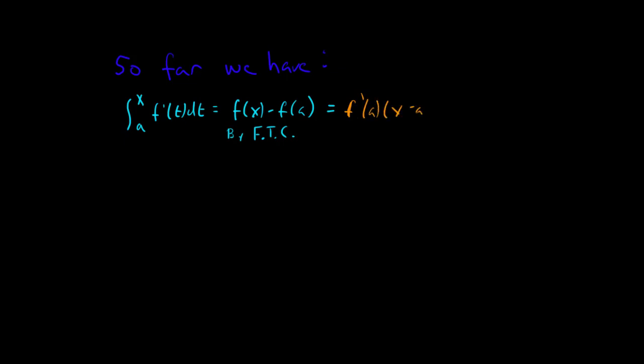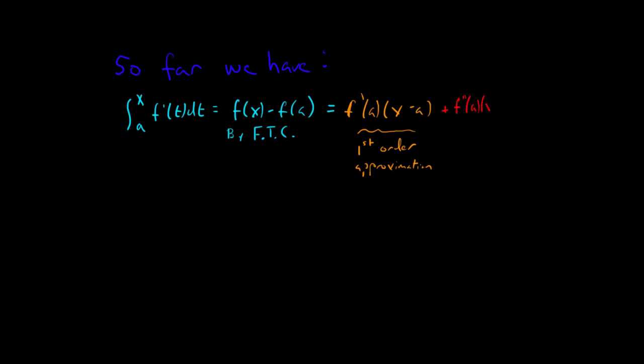So far, we have what? We have this integral from x to a f prime of t dt equals f of x minus f of a. That's by the fundamental theorem of calculus. Which equals f prime of a times x minus a. That's our first order approximation, right? That's our rectangular region.